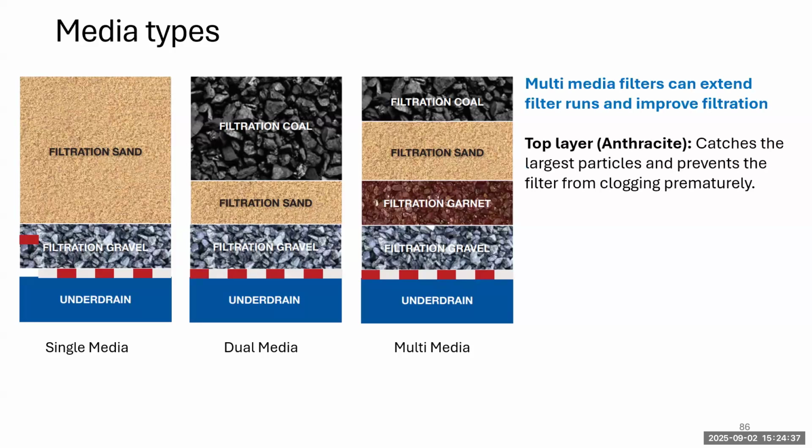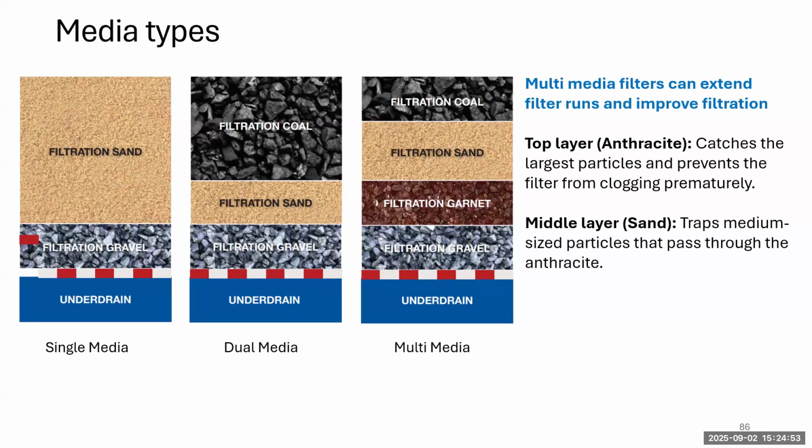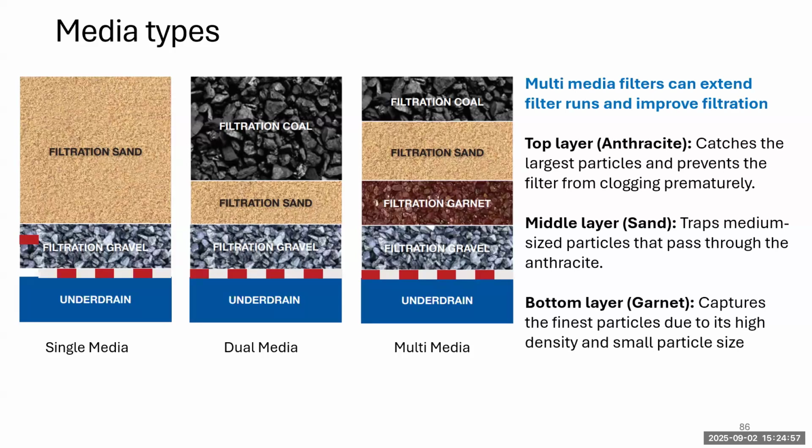So these are layered because they perform different functions that allow you to extend the filter run. So the anthracite, it has the largest pore sizes, collects the larger particles without clogging the rest of the filter. The middle layer, the sand, it traps those medium-sized particles, and the bottom layer, the most dense, it captures the finest particles.